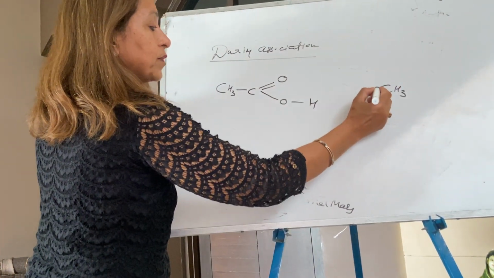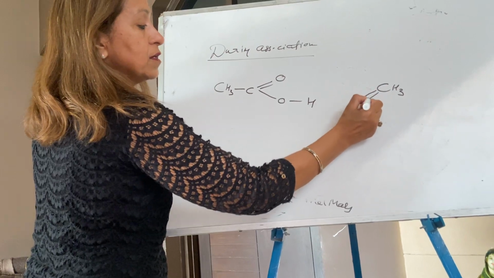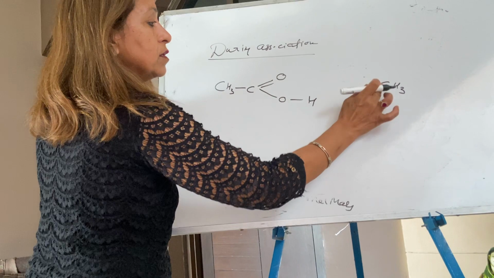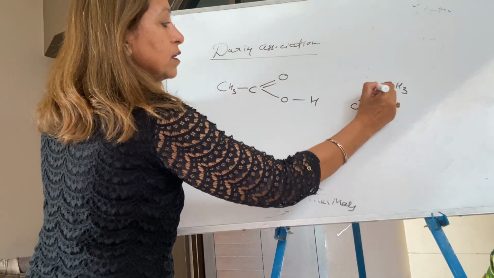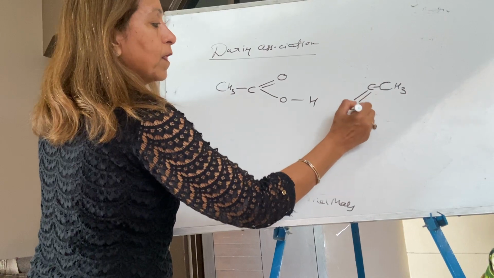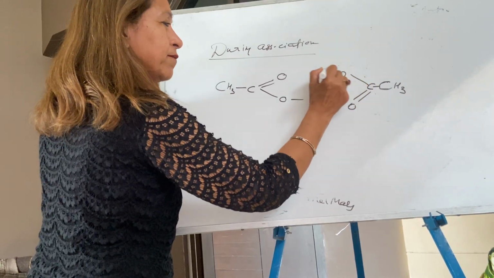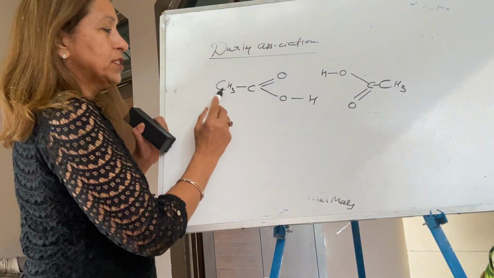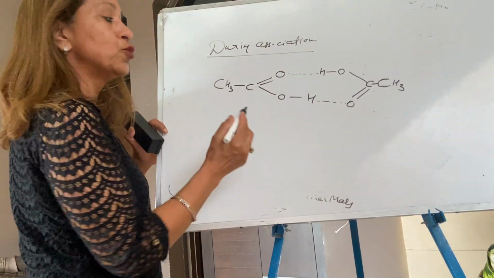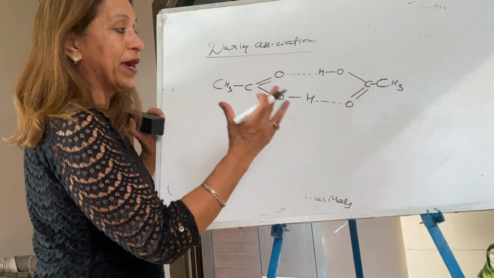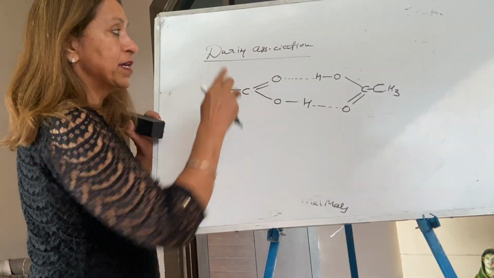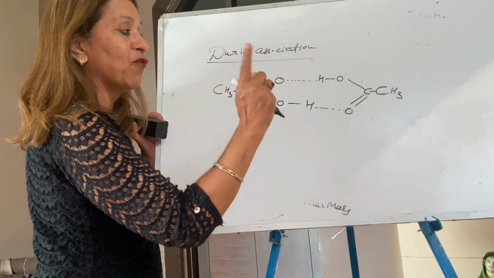You can see acetic acid, CH3 C double bond O OH. Make a diagram. CH3 C and this is your H bond. Now you can see 2 moles of acetic acid get joined. First it was 2 moles, but after associating, it becomes 1 mole.